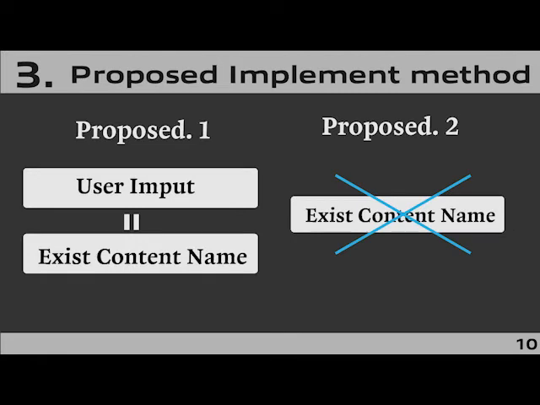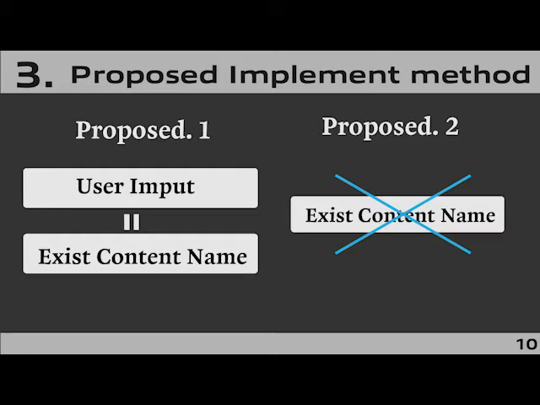In order to evaluate the performance of the proposed method, we conducted evaluation experiments. In this presentation, we implement the proposed algorithm under limited conditions. This time, we implement it under two main conditions.